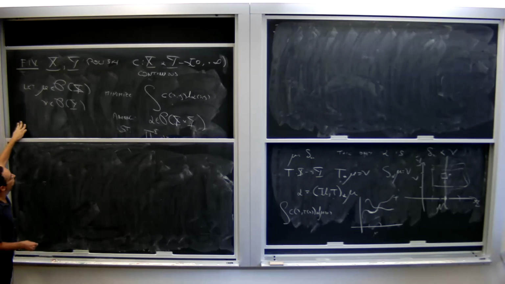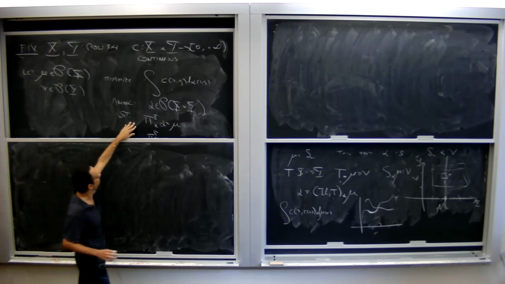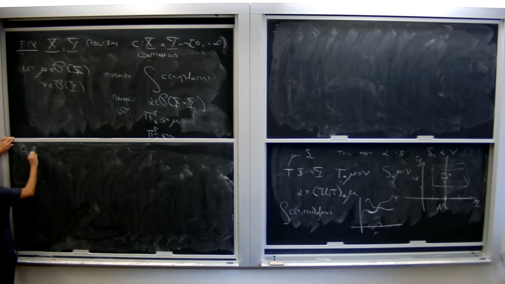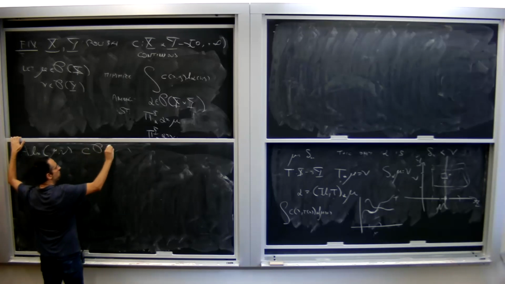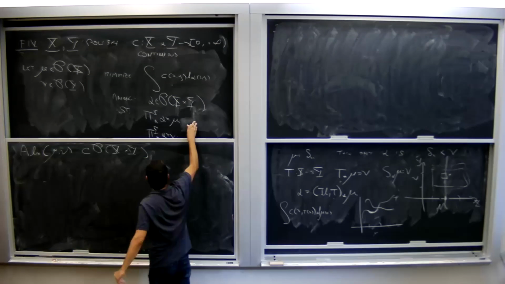First of all, let's study the collection of admissible transport plans. So this coupling, I give it a name. Sometimes I denote it, sometimes, I don't know if I will keep this notation later on. But so, admissible transport plans. This is the subset of Borel probability measures on the product such that this constraint is true.